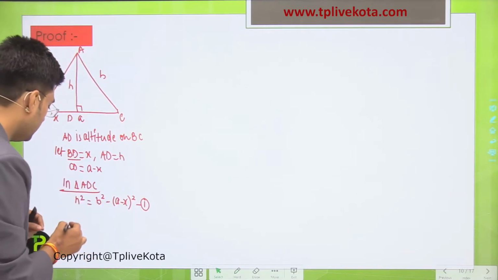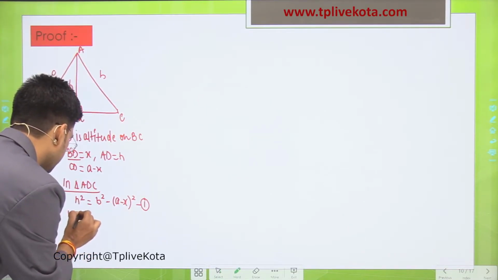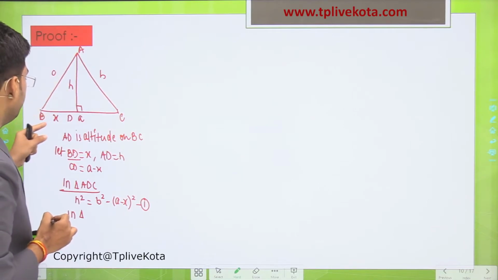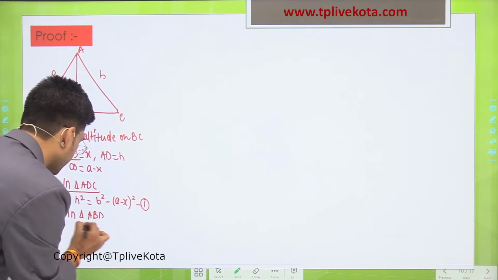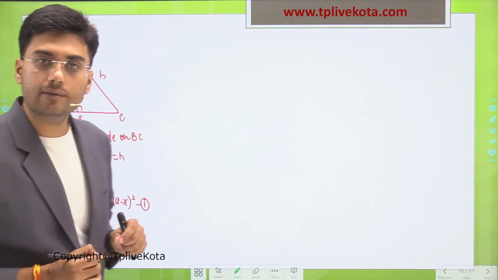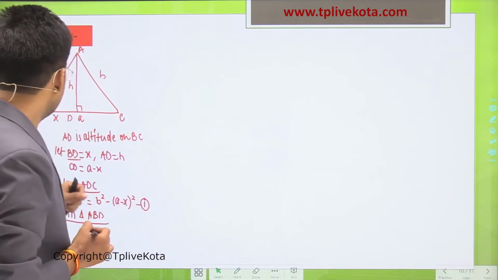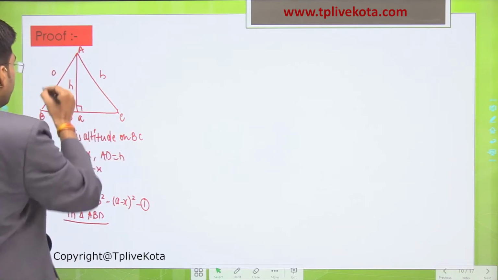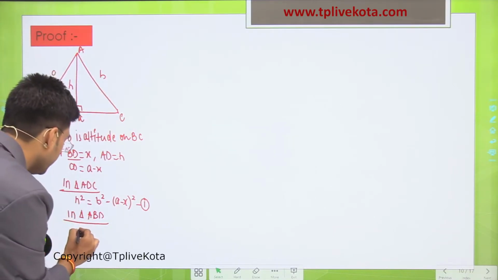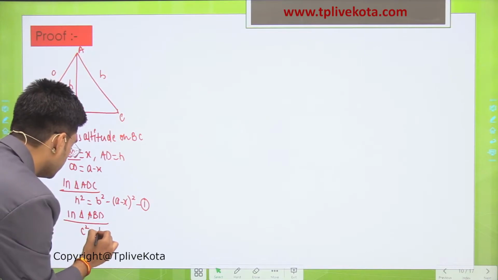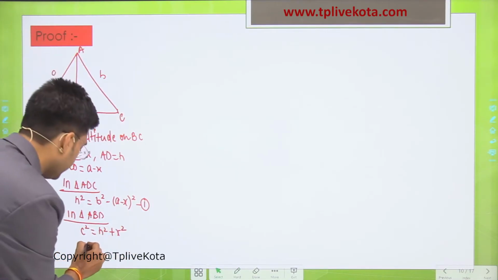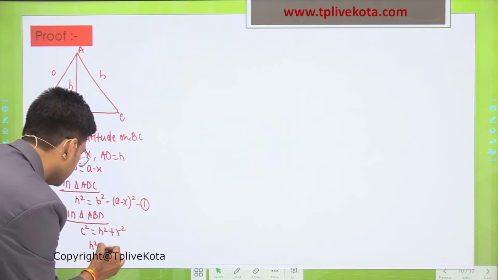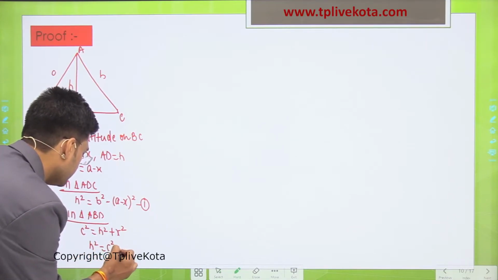Now in triangle ABD, again this is a right angle triangle. So what can we do here? This is the hypotenuse c, so we can write c square is equal to h square plus x square. So h square is equal to c square minus x square.